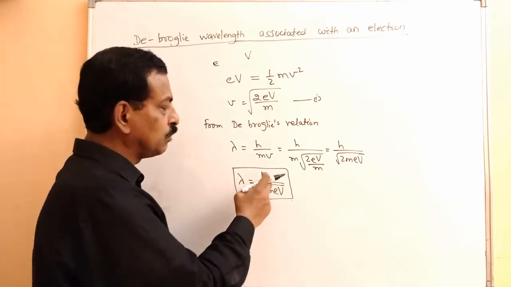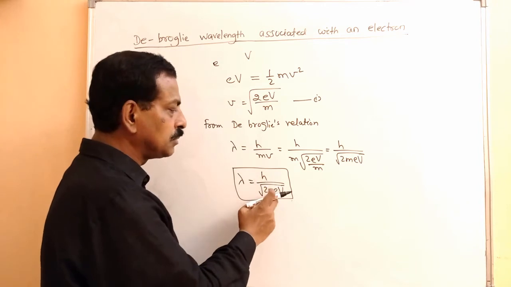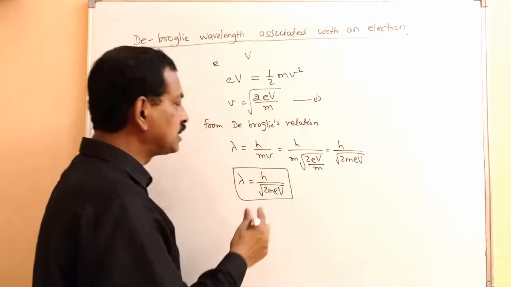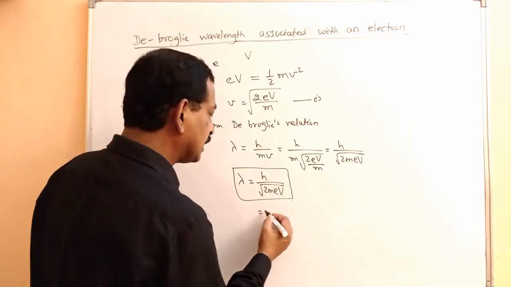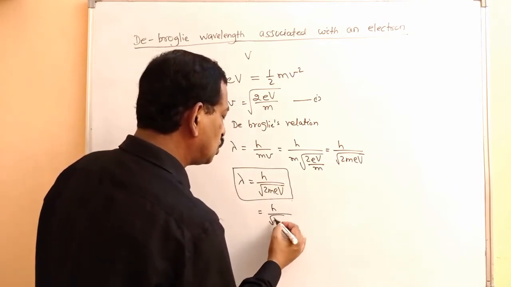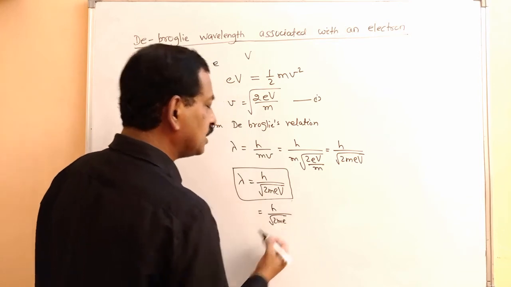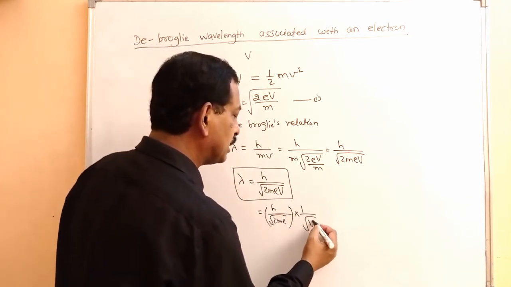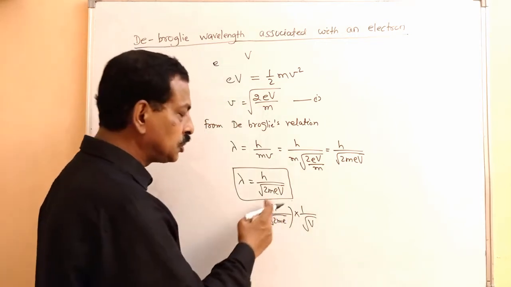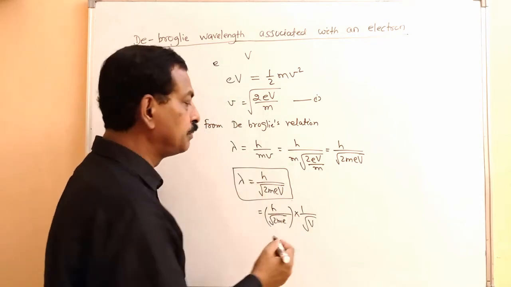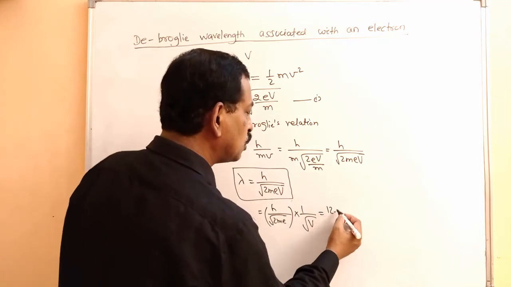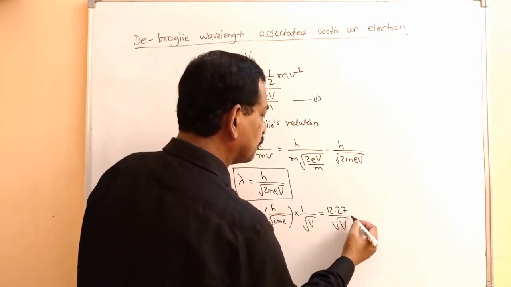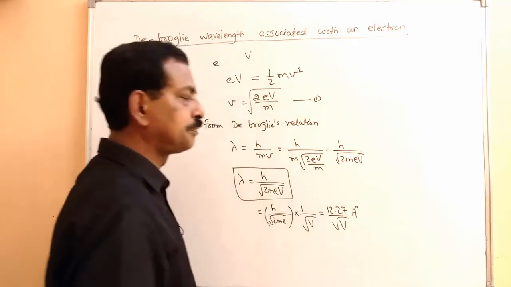Now you will find one more thing, that h, m, e, all these are constants. So it means this particular term, h by root over 2me, is a constant, and then it is root over V. If you substitute the values of this term, you will get an expression 12.27 by root over V angstrom.